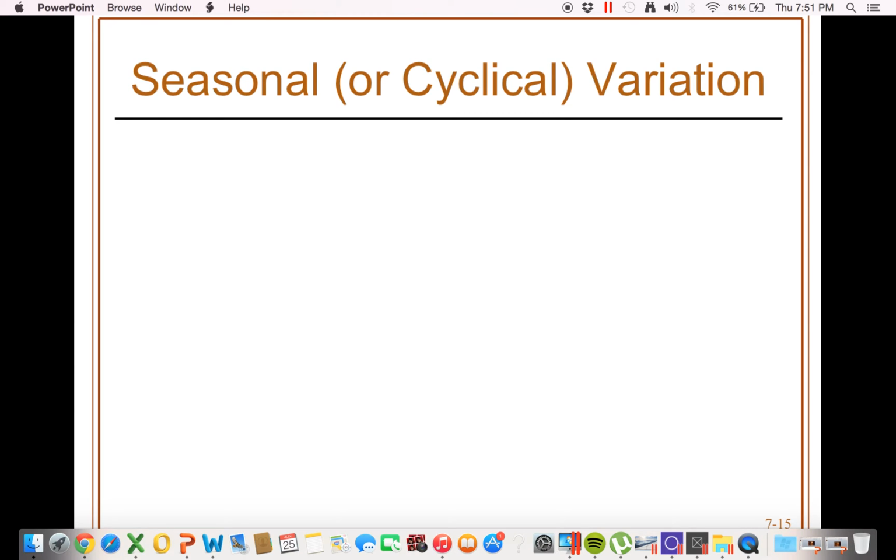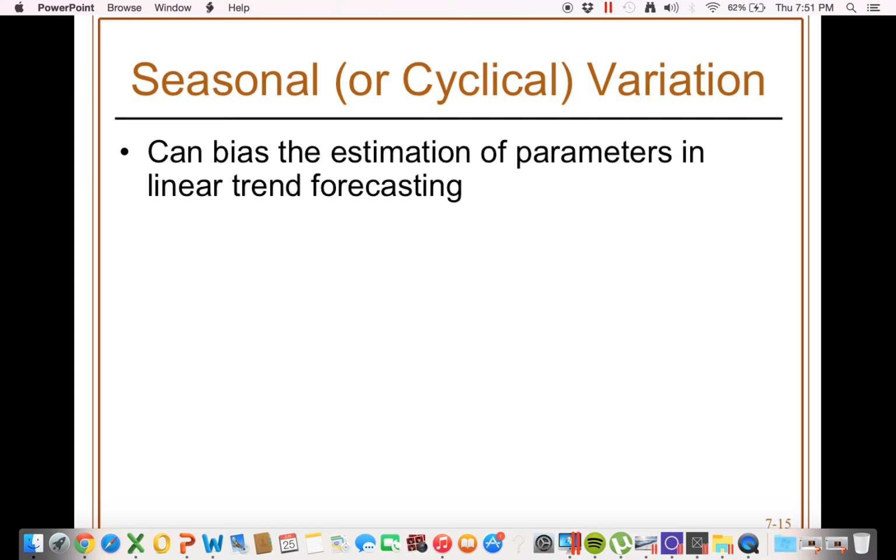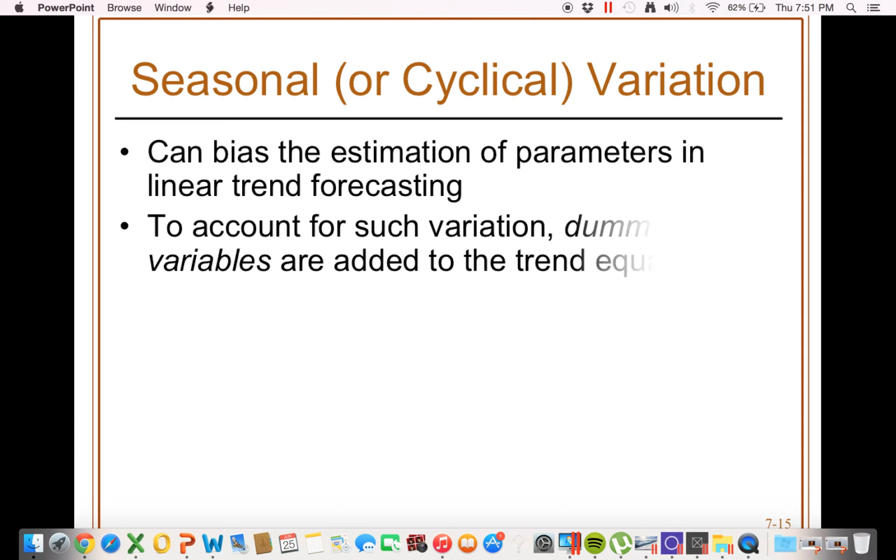Yeah, seasonality would be a big issue, right? Because in the winter months, you're going to see much higher sales for skiing equipment, and in the summer months, I'm assuming that it drops significantly. So there's seasonal or cyclical variation that needs to be accounted for, and this can bias the estimation of parameters in linear trend forecasting.